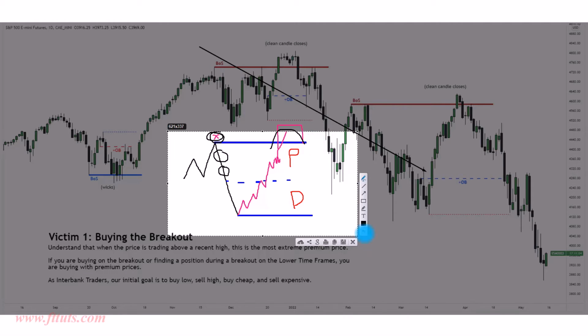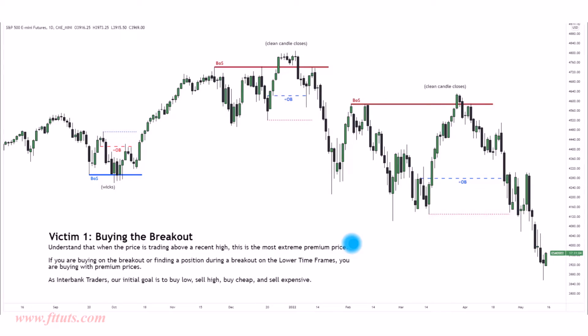So just like how a fair value gap can be a resistance level, an order block can be a resistance level, the most extreme prices here can also be a resistance level. So we should also view it as one. So here, this can be considered as a resistance level when we trade above it, and it's considered the most extreme resistance level.